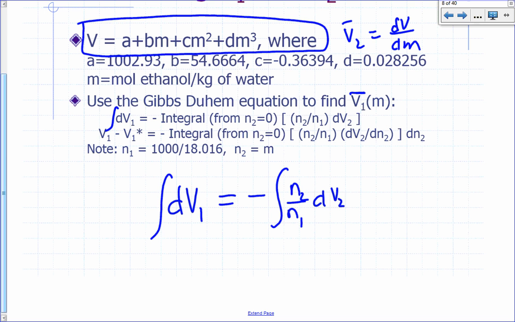it should be the integral of dV1. Okay? So if I integrate both sides, let's say from molality 0 to whatever the molality is. So from pure 1, remember 1 is water, right? 1 is water, to whatever the mixture is. So from pure water to a mixture.